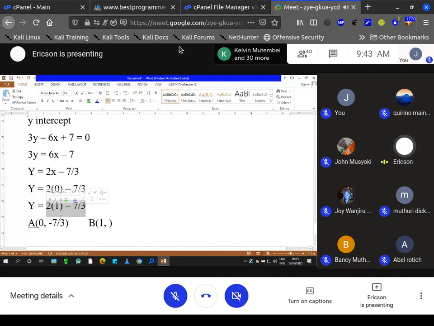From your calculators, this is 2 minus 7 over 3. I think that will be negative a third, if I'm not wrong.